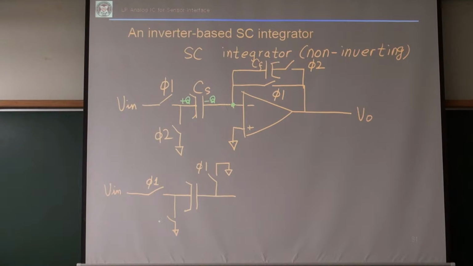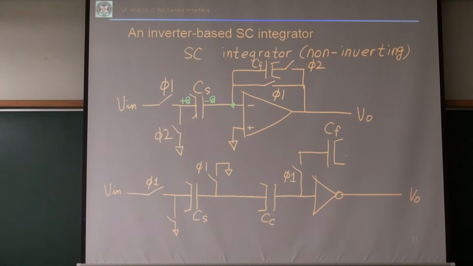Let's take phi 1 first. I have my inverter here. This is VO, this is sampling, and this is compensation. I need an extra capacitor CC with phi 1, and then this is my feedback capacitor. Then I have phi 2 here and there.